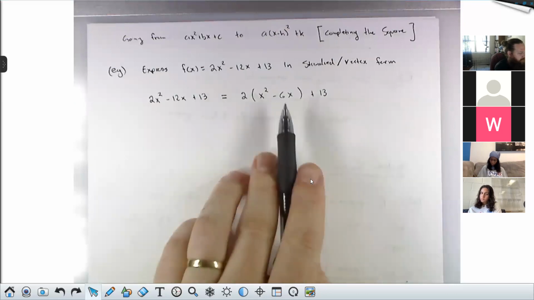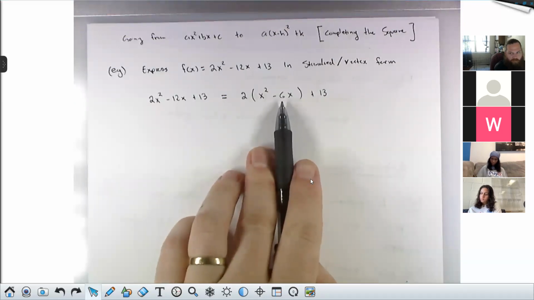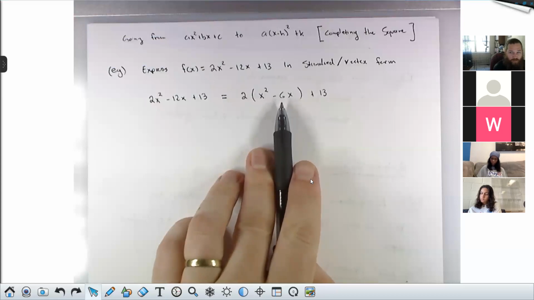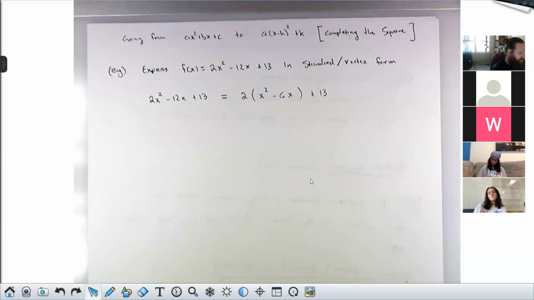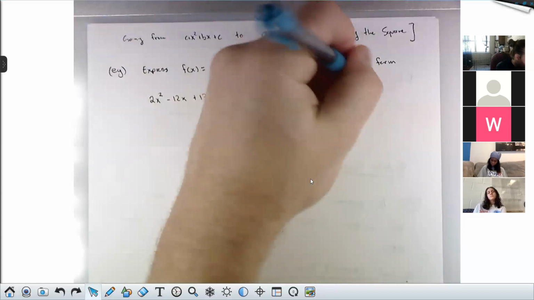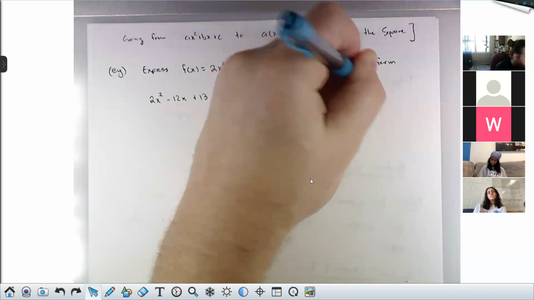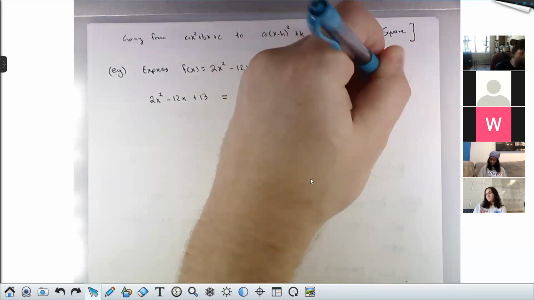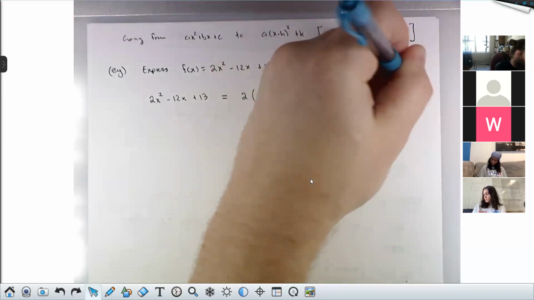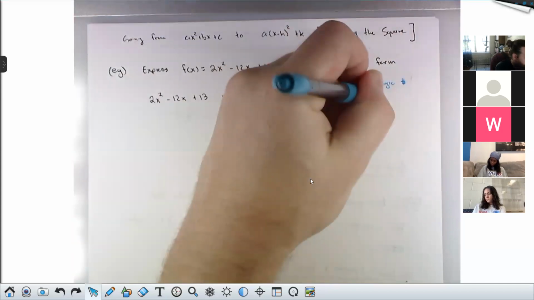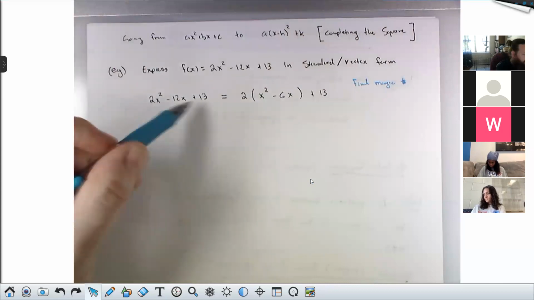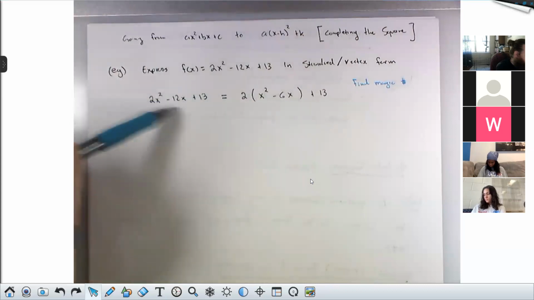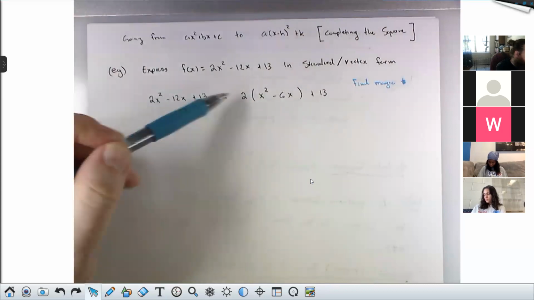The next step after that is to take this number right here, the -6, divide it by 2, then square that. When I teach this in other places, I call this the magic number. So you've got to find the magic number. After you've done this first step of factoring out whatever the lead coefficient is from these first two terms, the number that's going to be here is b over a.